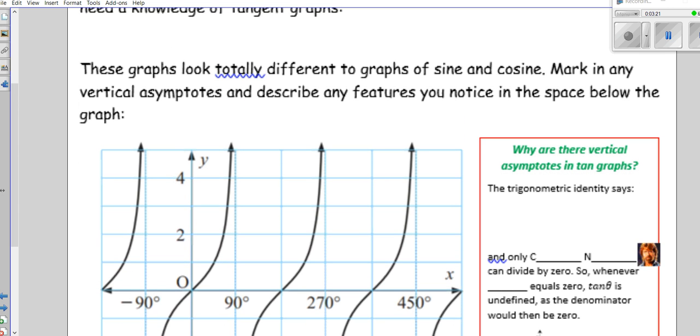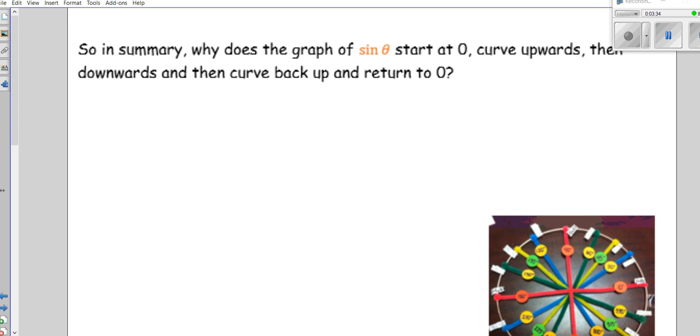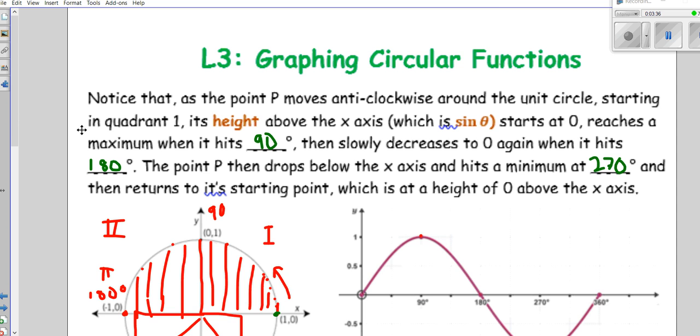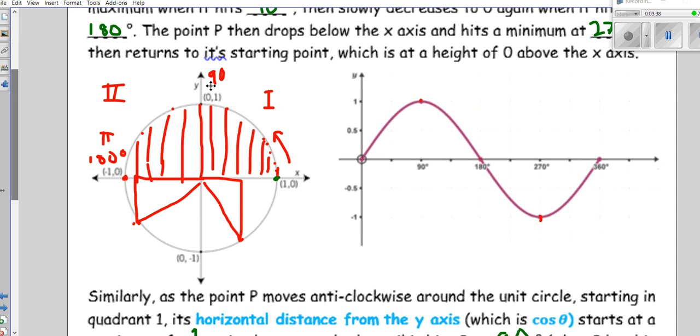Mark in any vertical asymptotes, and here we're going to describe why they have vertical asymptotes, and describe any features you notice in the space below. By the way, for a regular sine graph, what is the period? 360.